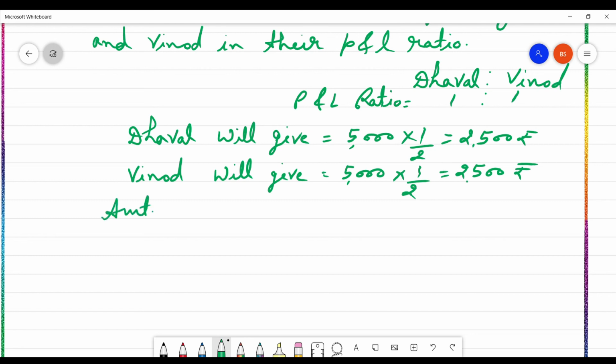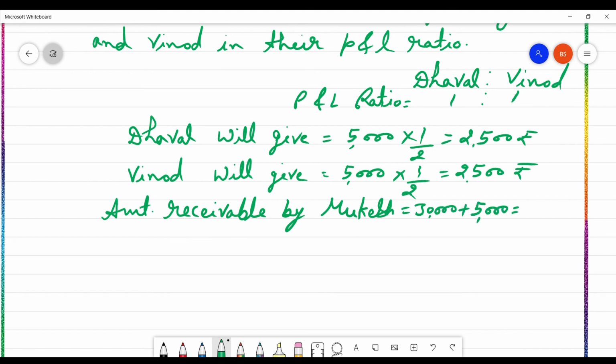Then we will find the amount receivable by Mukesh. Mukesh will get 30,000 and difference 5,000, means 35,000.